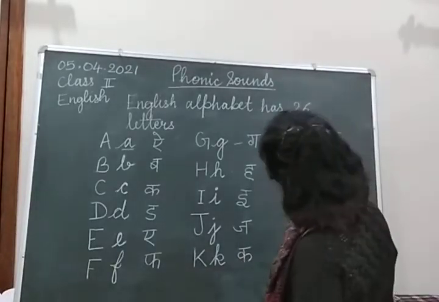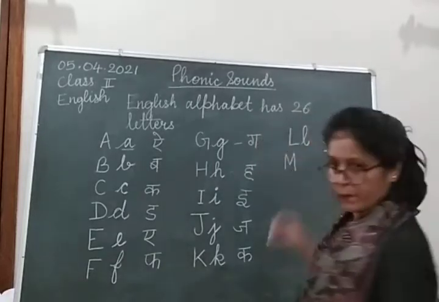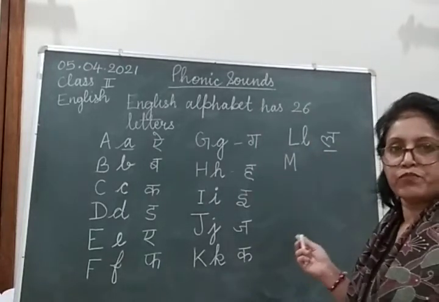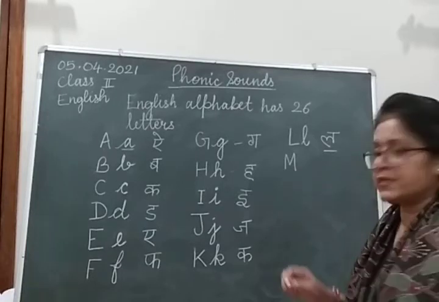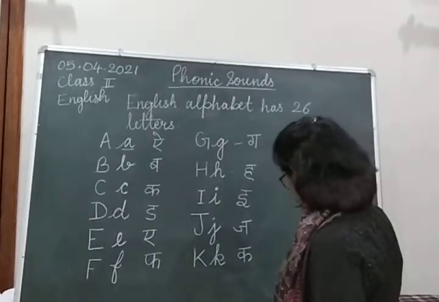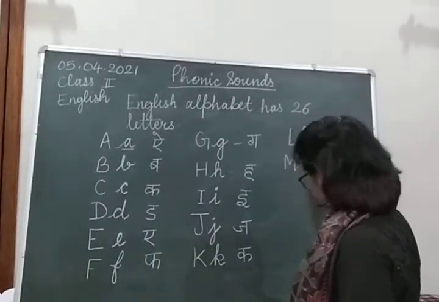Next is M. Okay? We write it in cursive form in this way.